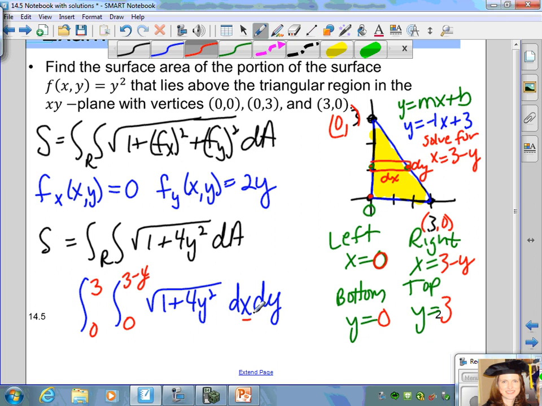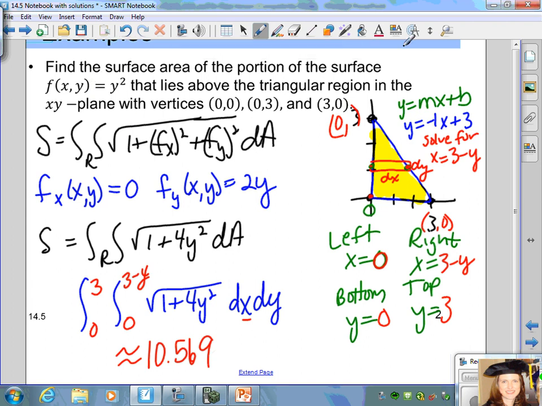I'd like you to try that one on your own. I'm going to skip the steps and give you the approximate answer. When you evaluate this, it is approximately 10.569. So the surface area of the portion of this surface that lies above the triangular region in the xy plane with those vertices is approximately 10.569.